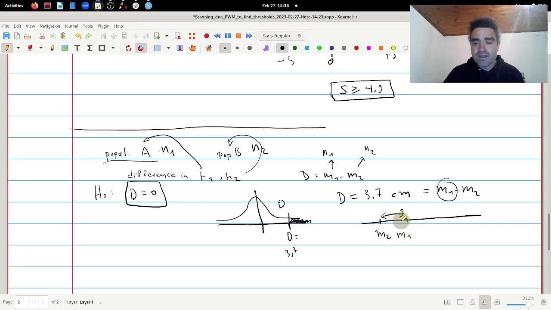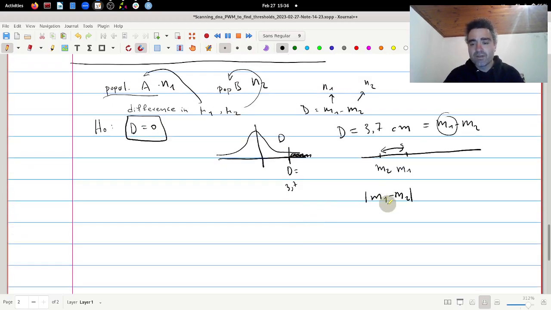Now this distance is not just the difference M1 minus M2, it's actually the absolute value of M1 minus M2, because the absolute value between two numbers is actually the distance of these two numbers. So we want to know how possible it is to get such a big distance or even greater when the null is true.